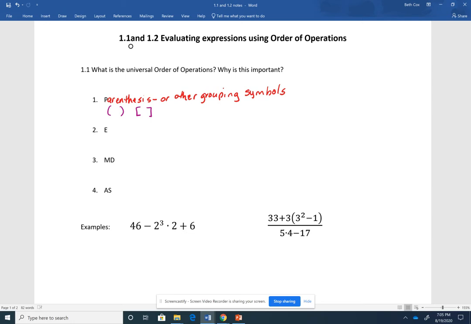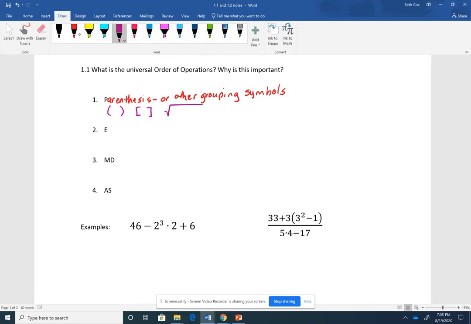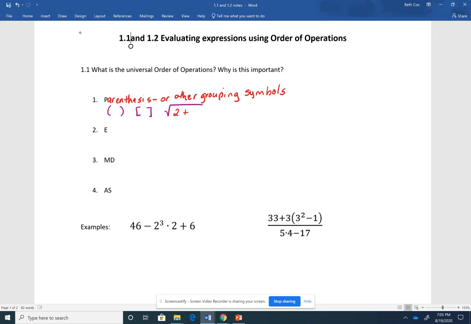But those aren't the only ones. A radical box could act like a grouping symbol, because technically you could put something like 2 plus 7 in there, and there are these understood parentheses. This has to be done, like a group together. And so the little radical does that.